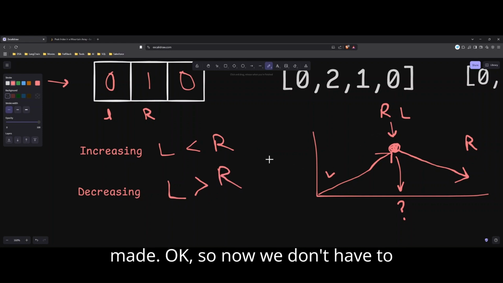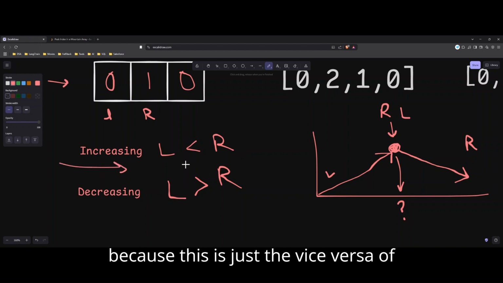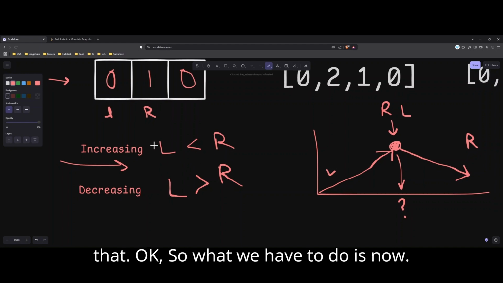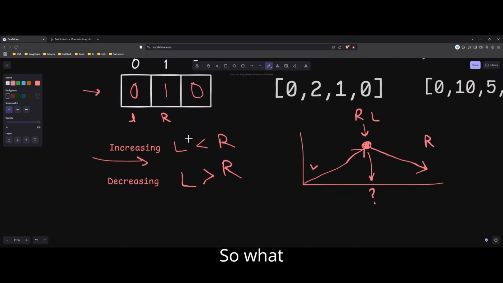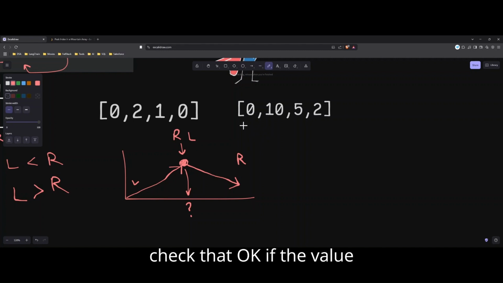Now we don't have to cater to both cases because one is just the vice versa of the other. So what we can simply do is iterate over our array and check the previous value.